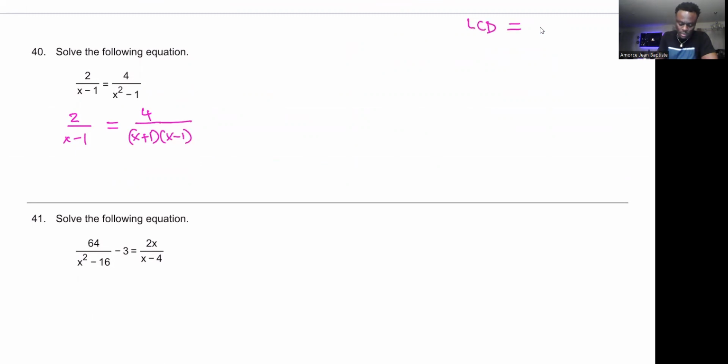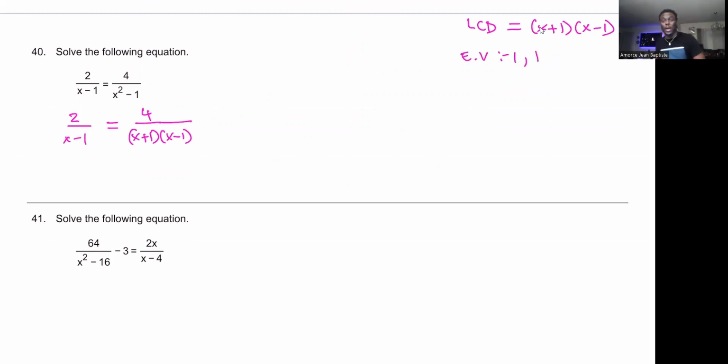LCD is x plus 1 x minus 1, which makes the excluded values 1, negative 1, and 1.